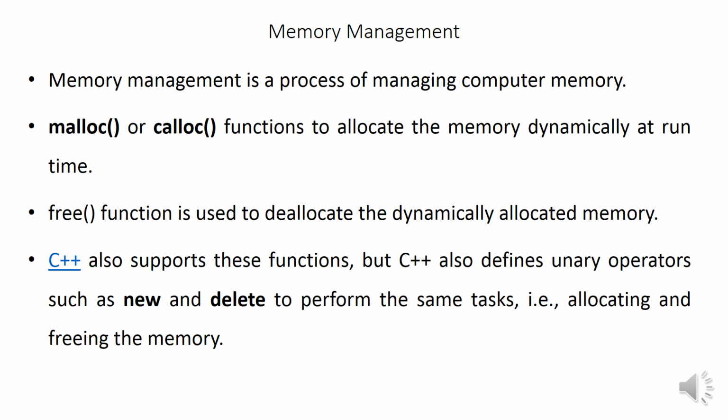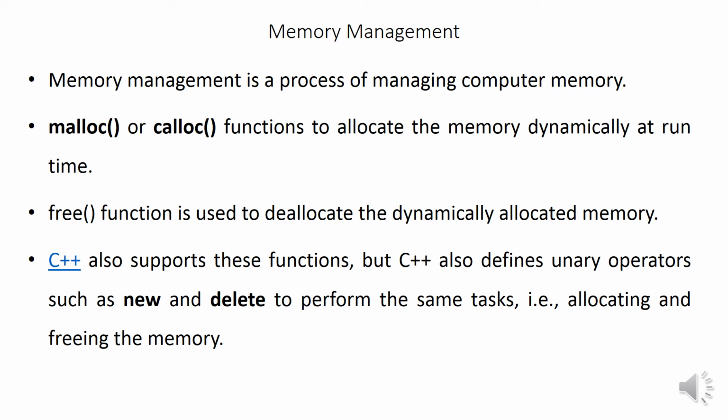So there are two different types of functions. First one is malloc or calloc, and second one is free. That malloc and calloc allocate the memory dynamically at runtime, and the free function is used to deallocate that dynamically allocated memory.